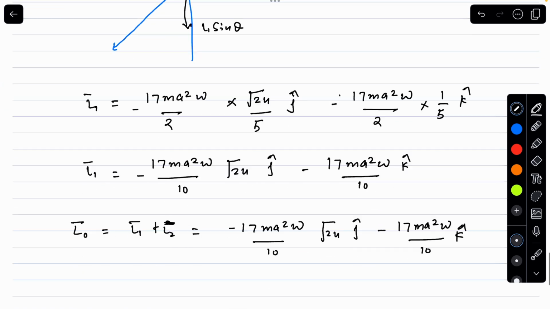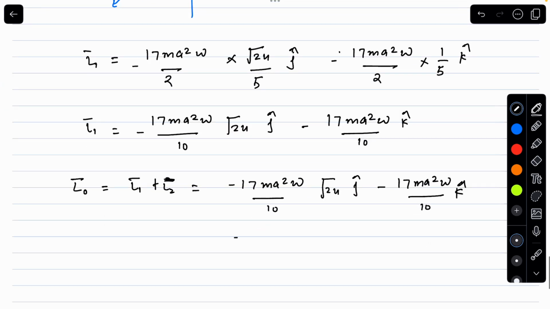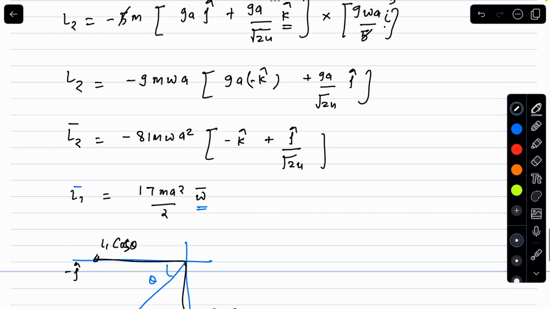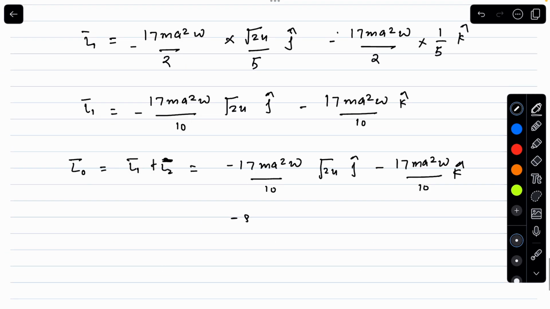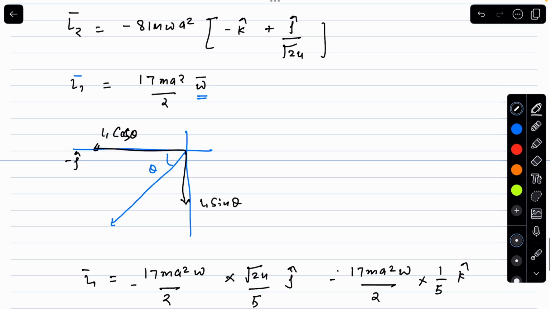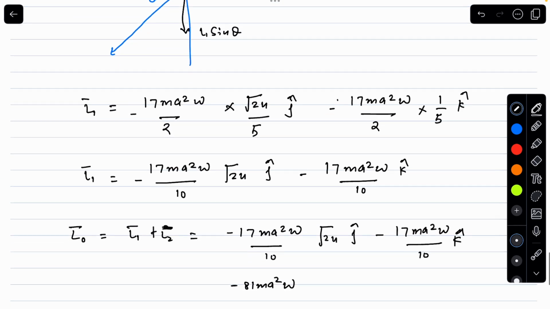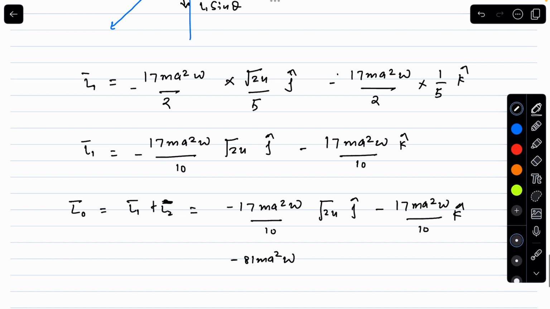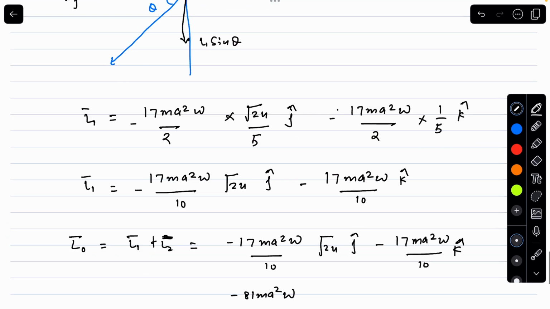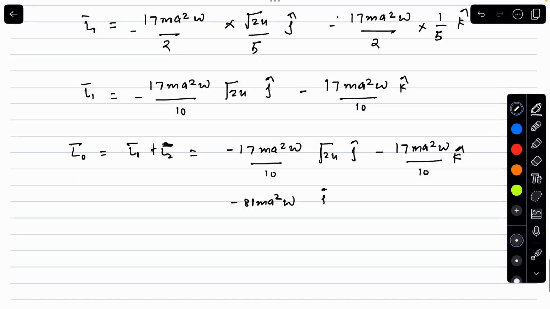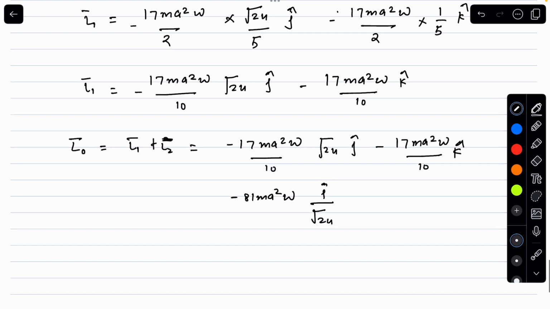So the L2 vector is minus 81 m a square omega, and there is j cap, so j by root 24, and plus 81 m a square omega k cap.